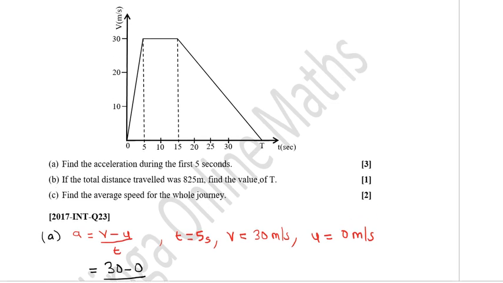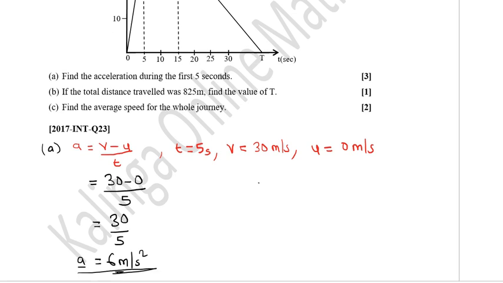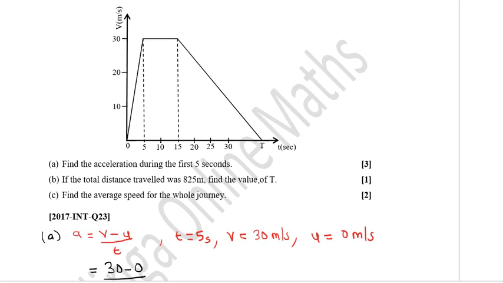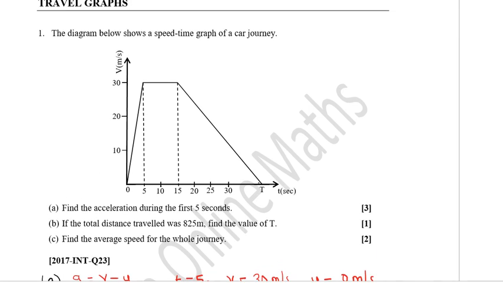Now I want us to proceed. We look at B. Question B says, if the total distance traveled was 825 meters, find the value of t. One thing you should know is that if you are finding the distance covered by an object on the graph, you use the same formulas for finding the area.